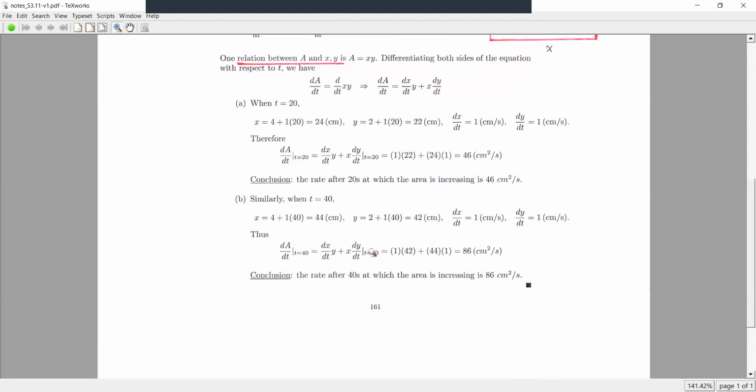When time is 40, dx/dt is 1, y is 42, x is 44, dy/dt is 1. This sum is 86. The unit is cm squared per second. Now, conclusion: the rate after 40 seconds at which the area is increasing is 86 cm squared per second.